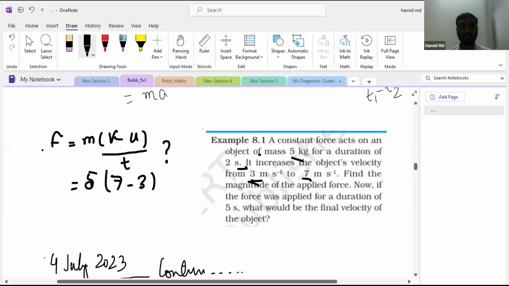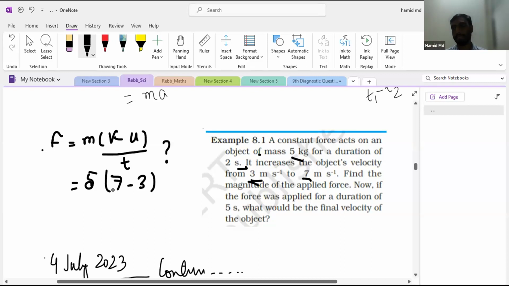So there is no point in writing the dimensionality of the quantity over here. As you have written 5 kg into 7 into this minus this, there is no point. We will finally substitute this dimensionality and solve it. We all know that force is in Newton. So it will unnecessarily make the thing more complex.